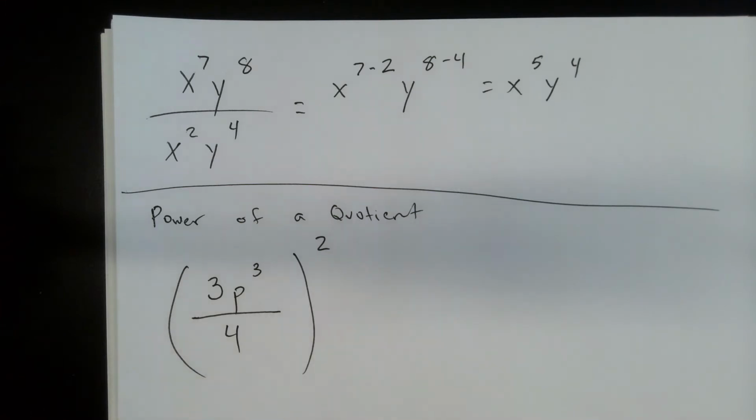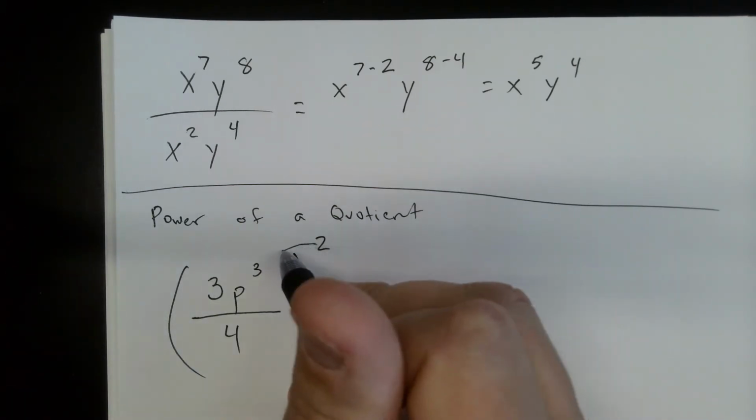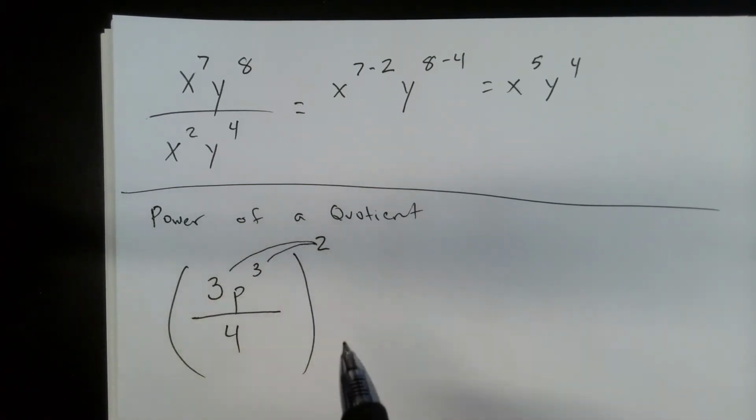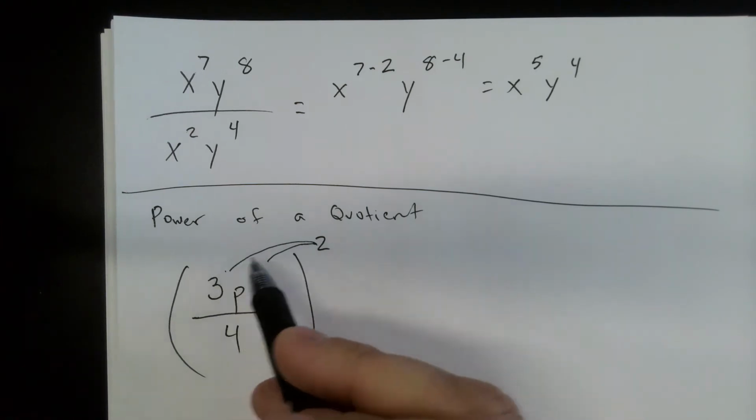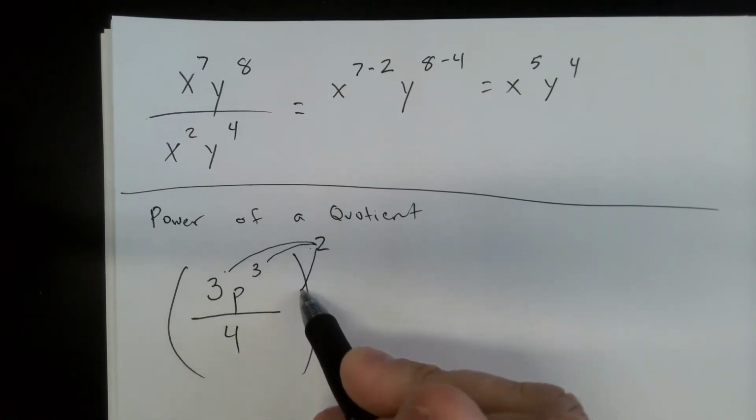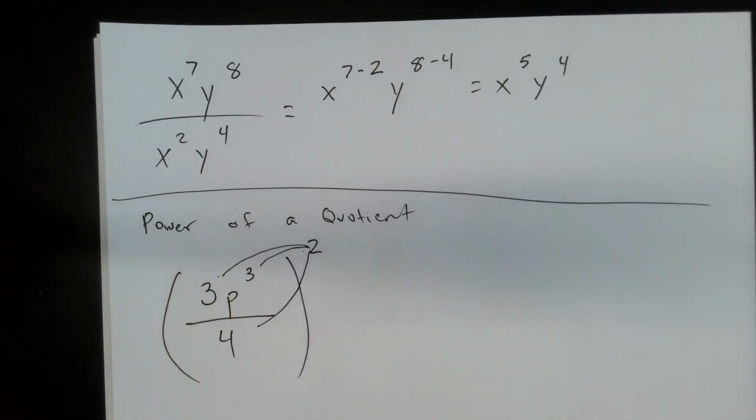Just like yesterday with the power of a power, we had to distribute and multiply everything that has an exponent. We do the same thing today, except this is where a lot of people get hung up. They distribute it to the top, but it also goes to the bottom. Everything inside of the parentheses that has an exponent, that 2 gets distributed to.